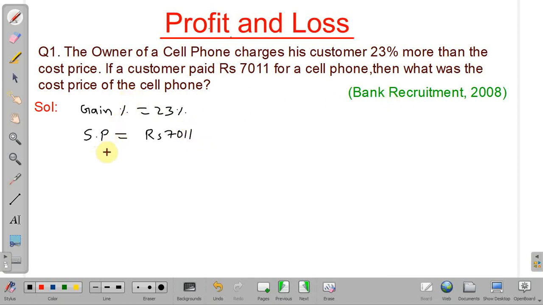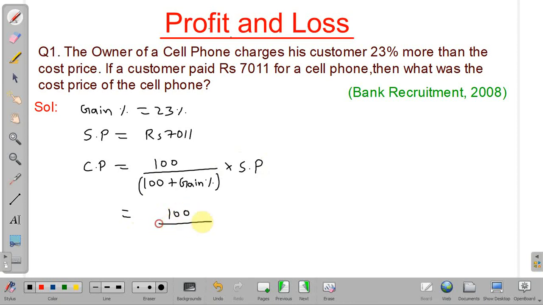So we know the formula to find the cost price when we know gain percentage and selling price. So the formula is cost price is equal to 100 divided by 100 plus gain percentage into selling price.